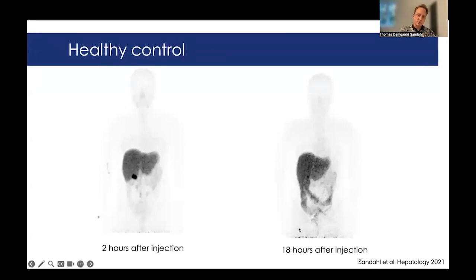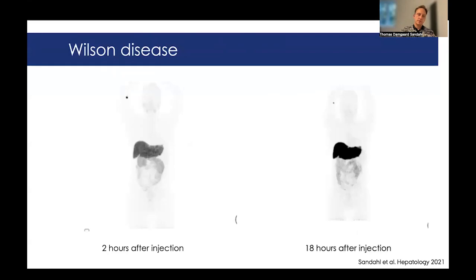And further, if you look at 18 hours after injection, you can see not only copper in the liver, but you can also see the colon being quite visible here, indicating again hepatobiliary excretion into the small intestine. So that's exactly what Wilson patients can't do, and in line with this, after 2 hours, you see a lot of copper in the liver in a Wilson patient, nothing in a gallbladder.